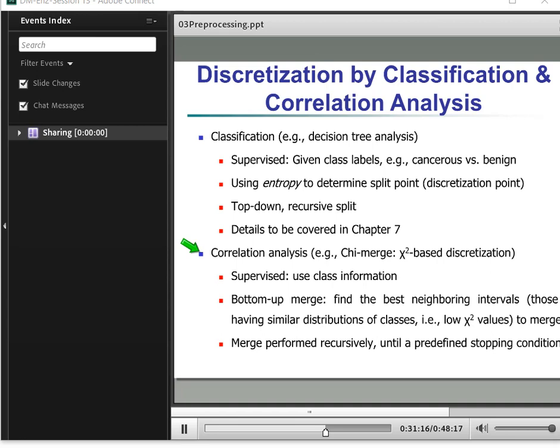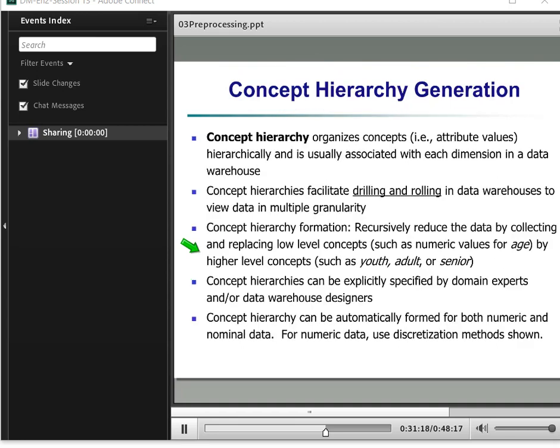We merge smaller bins and make a bigger one. This is a bottom-up merging strategy using correlation analysis.